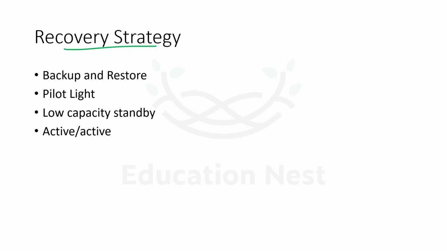There are 4 types of recovery strategies that we are going to discuss: backup and restore, pilot light, low capacity standby, and active-active. So let us try to understand all these different types of recovery strategies. For that, I'll be taking you to the whiteboard and we would be looking at some visualizations there.